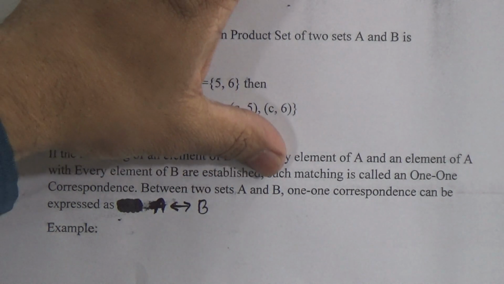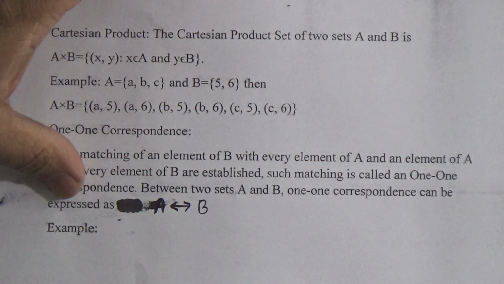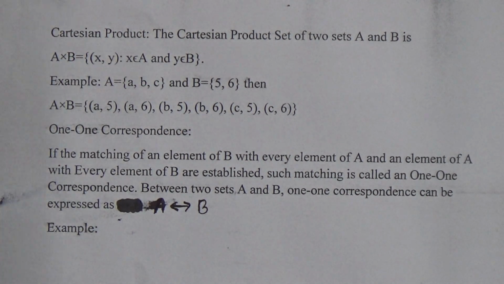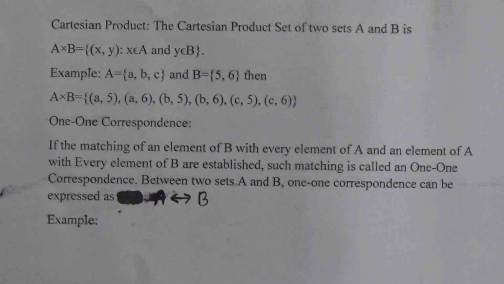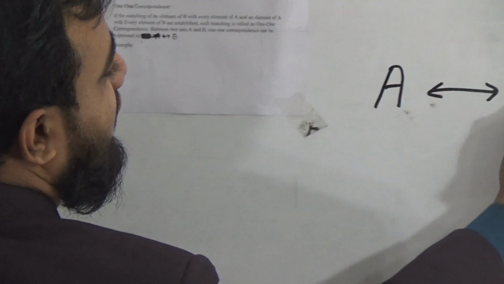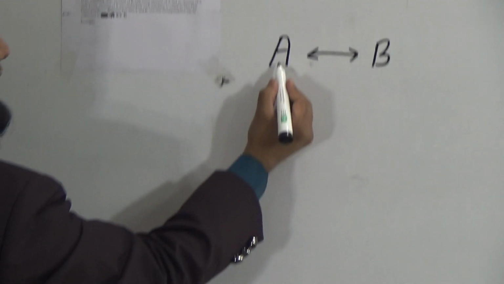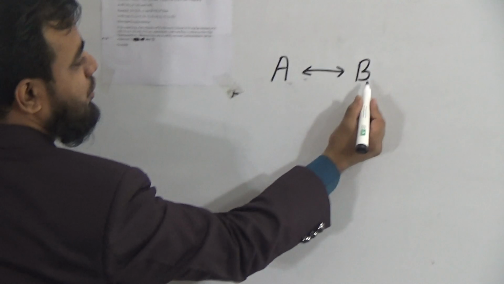Between two sets A and B, one-one correspondence can be expressed as A correspondence B. We call it A is one-one correspondence to B.